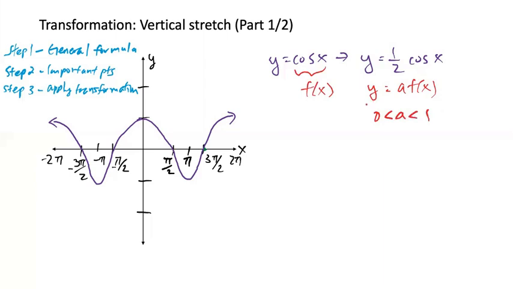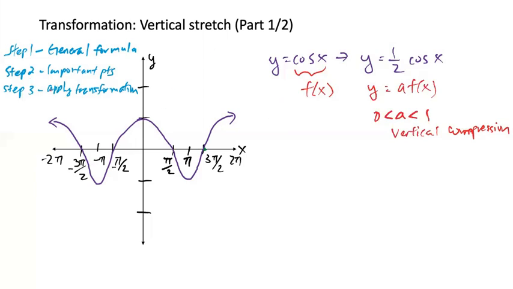And we know that every time we get a between 0 and 1, we get a vertical compression. Vertical compression means that the graph will shrink a little bit. It'll get shorter, compressed.